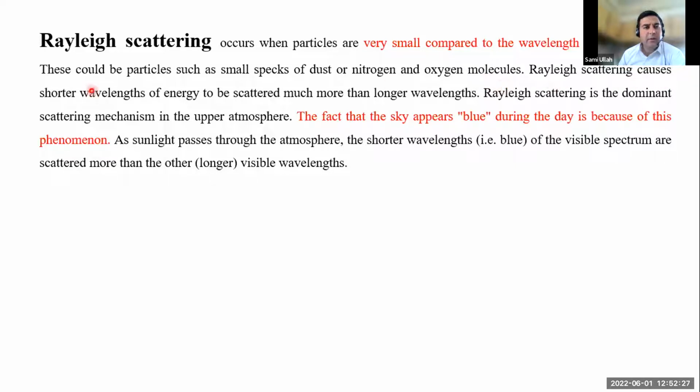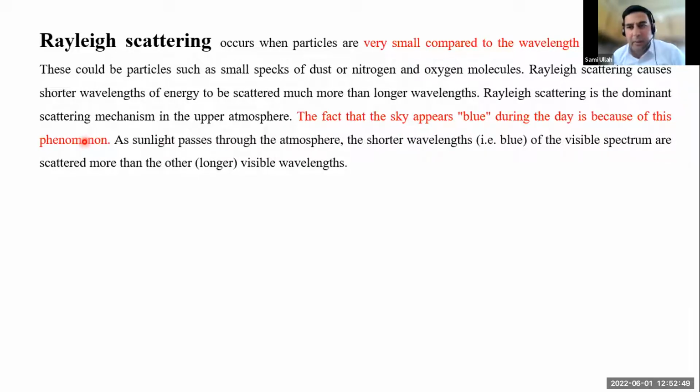Rayleigh scattering causes the shortest wavelengths of energy to be scattered much more than longer wavelengths. It is the dominant scattering mechanism in the upper atmosphere. The fact that the sky appears blue during the day is because of this phenomenon.